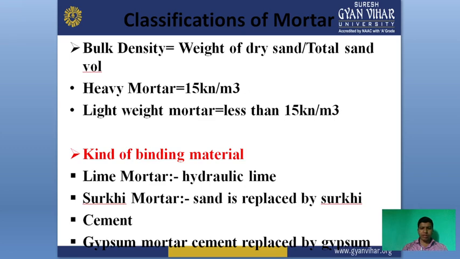Now we will discuss the lime mortar. What is lime mortar? Lime mortar is a mixture of lime, sand and water in appropriate proportion, prepared in two ways, such as grinding and pounding. The grinding method of preparing lime mortar is more efficient than pounding.